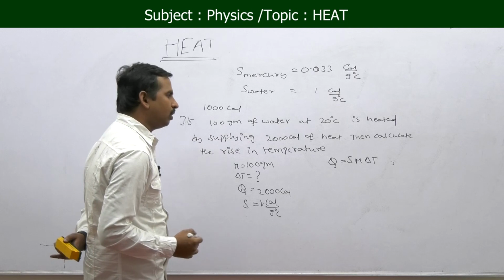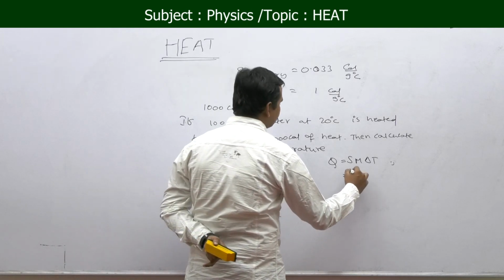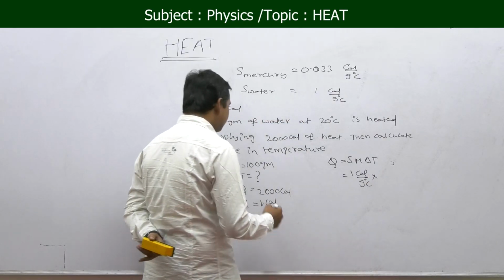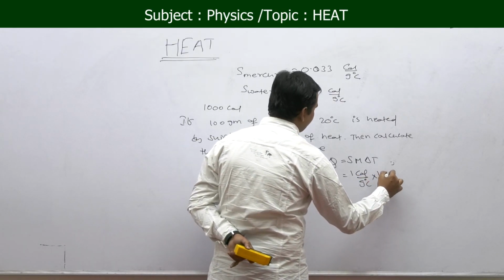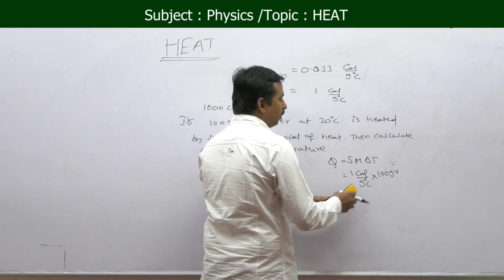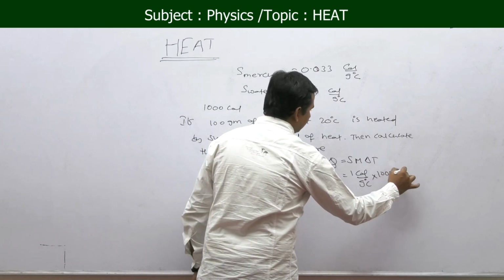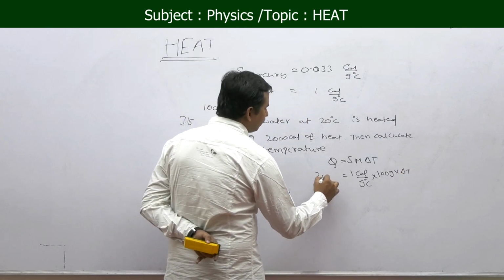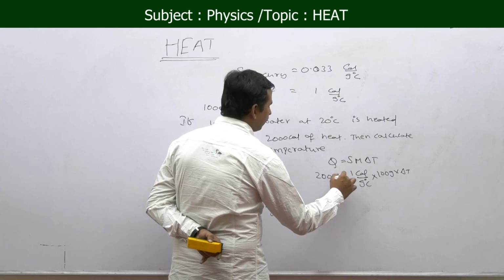So S is 1 calorie per gram degree Celsius, mass is 100 grams, and the change of temperature we don't know, how much is the rise in temperature. Let it be delta T only. And supplied heat energy is 2000 calories.